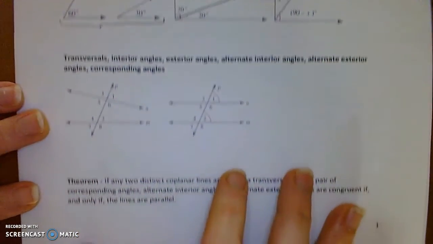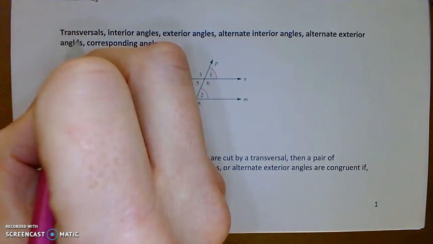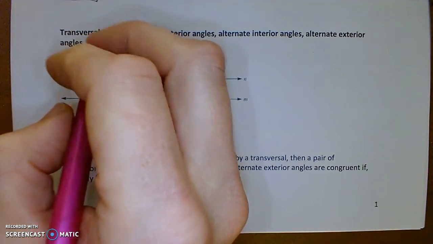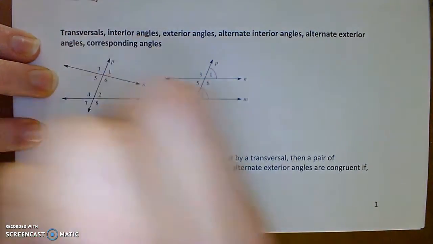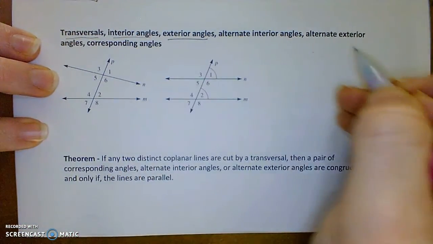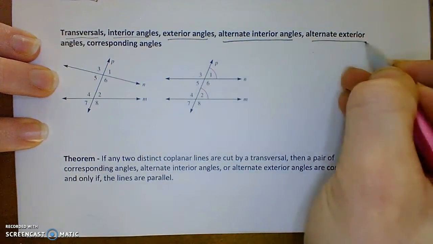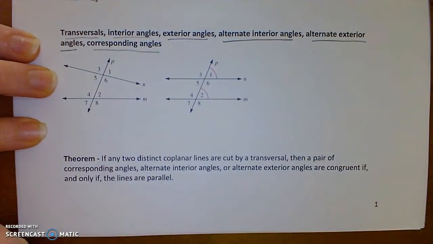All right, and you'll see an example that we'll be doing in office hours, where we discuss vocab words such as transversals, interior angles, exterior angles, alternate interior and alternate exterior angles, as well as corresponding angles.